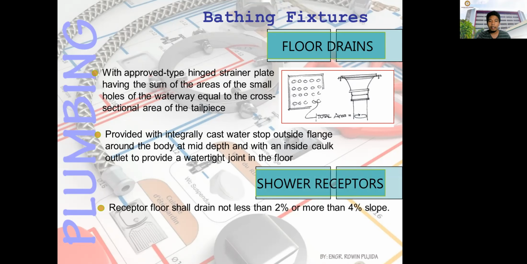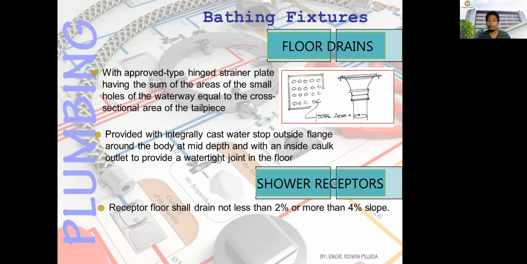Receptor floors shall drain not less than 2% or more than 4% slope. Since our slope requirement from the National Plumbing Code is 2%. Okay.